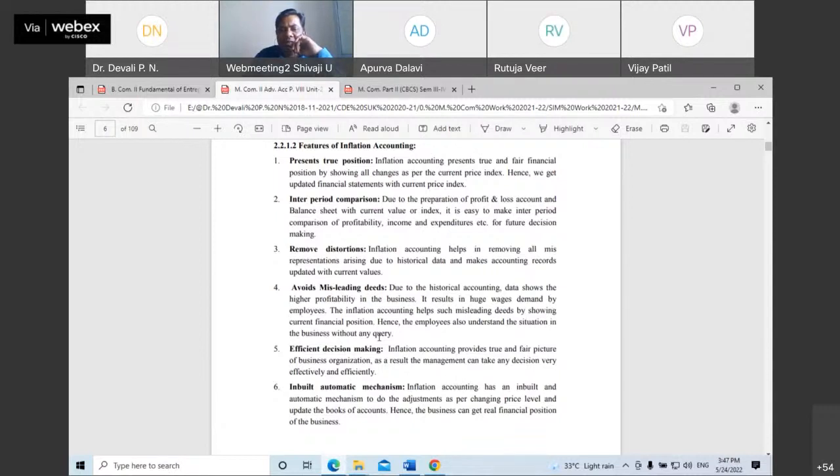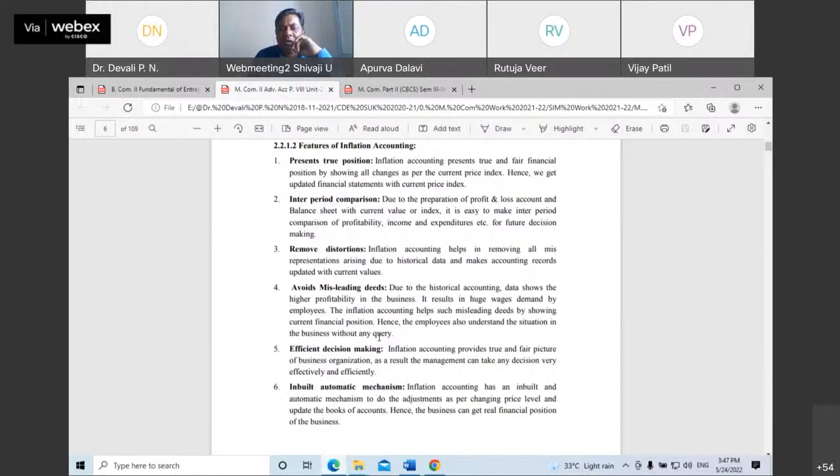Sometimes the financial position is good and people think, why not have the owner pay high wages. At that time, we are not thinking about whether the reflection of the financial statement is true and fair. That is why it may be misleading to the employees also.